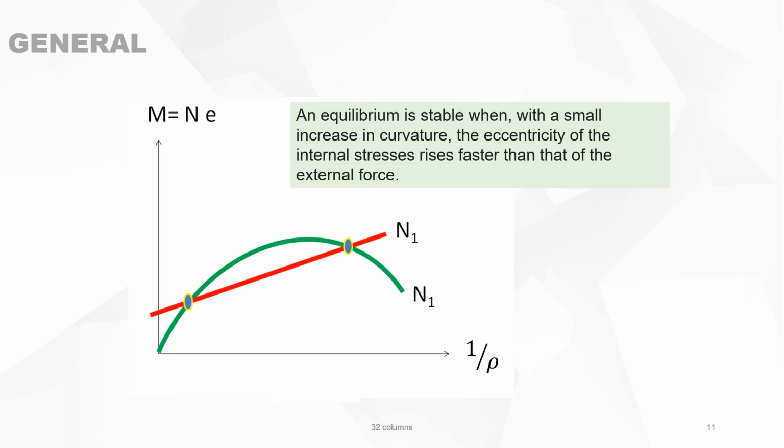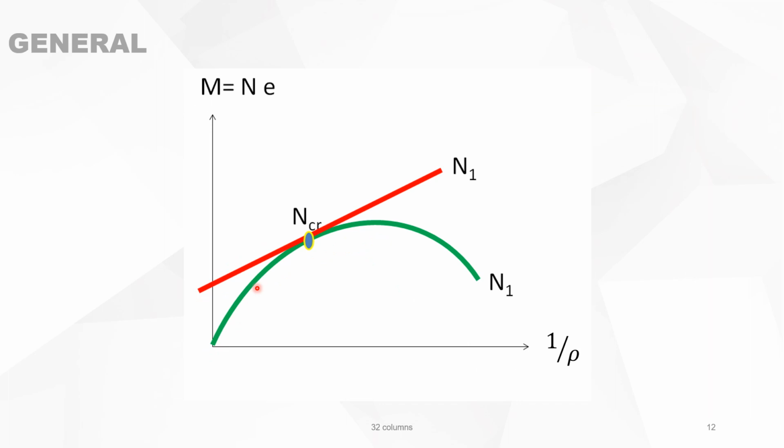So the resistance gets a little bit bigger than the acting forces or acting stresses. When those two points come together, then you have a critical normal force. So this is the external equilibrium. The slenderness has to do with it, and this is internal. This is concrete grade and reinforcement, and it's only one point where there is an equilibrium.